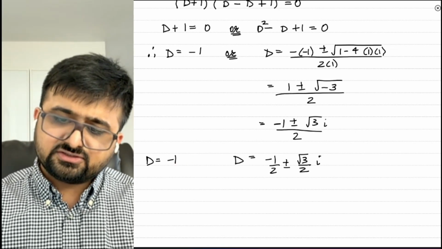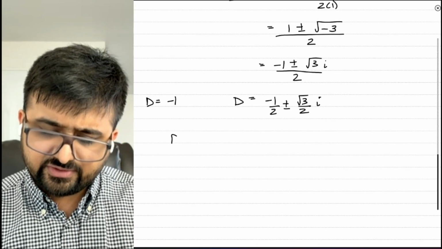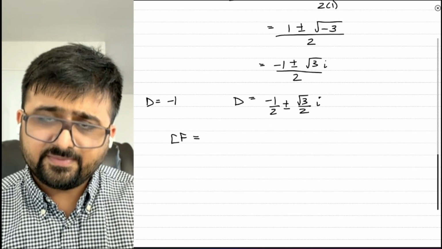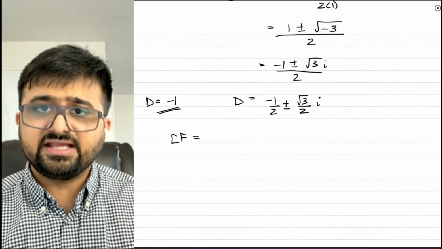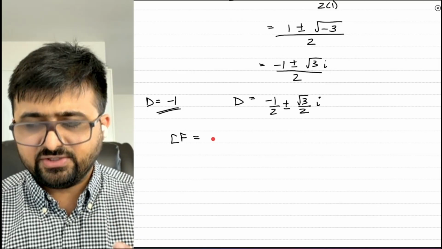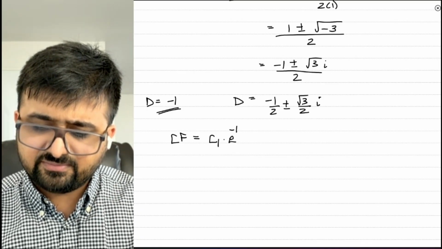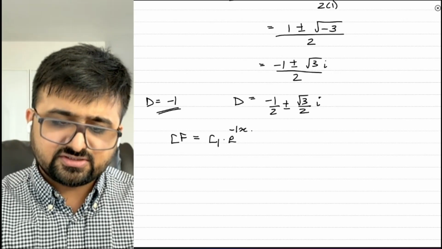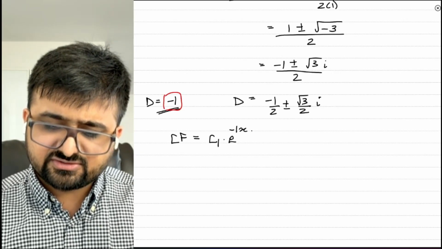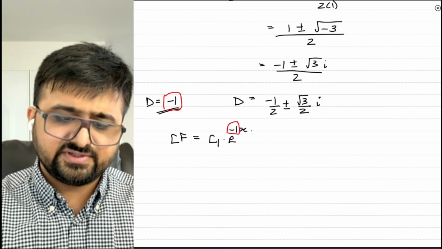So now our complementary function is given by, remember for this real and rational part, it is just like we have been doing for real and rational numbers. Because of that minus 1, you just write c1 e to the power minus 1x.